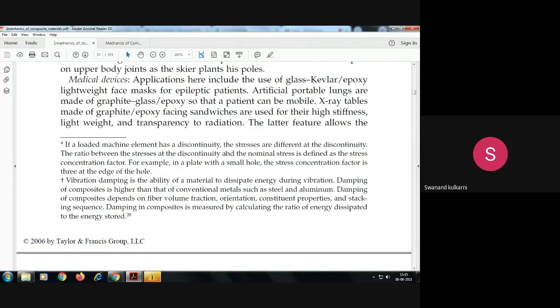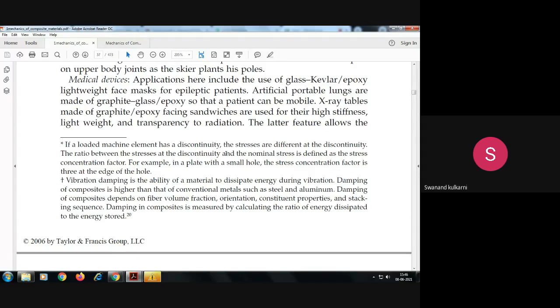One more example, if we take medical devices, applications here include the use of glass Kevlar epoxy lightweight face masks for epileptic patients.